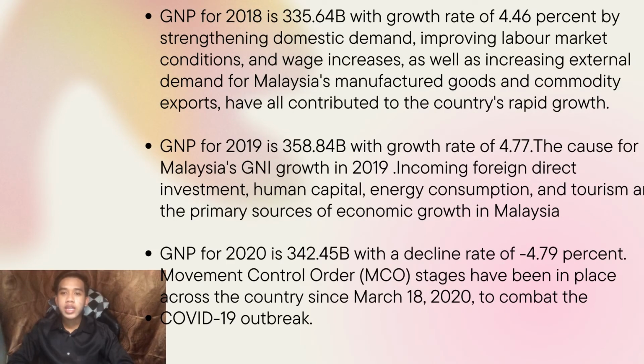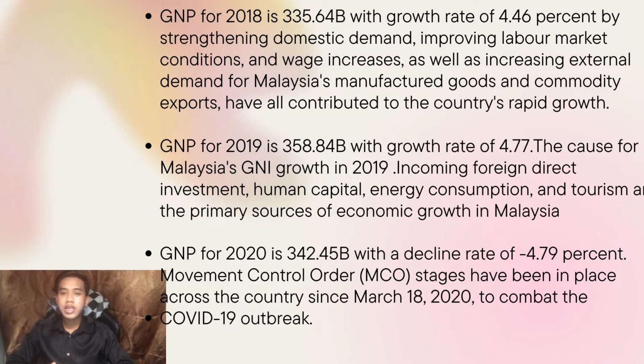GNP for 2018 is 335.64 billion with a growth rate of 4.46%, driven by strength in domestic demand, improving labour market conditions and wage increases, as well as increasing external demand for Malaysian manufactured goods and commodities. Exports have all contributed to the country's rapid growth.